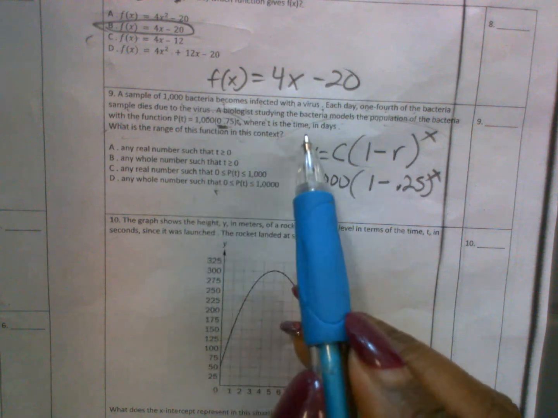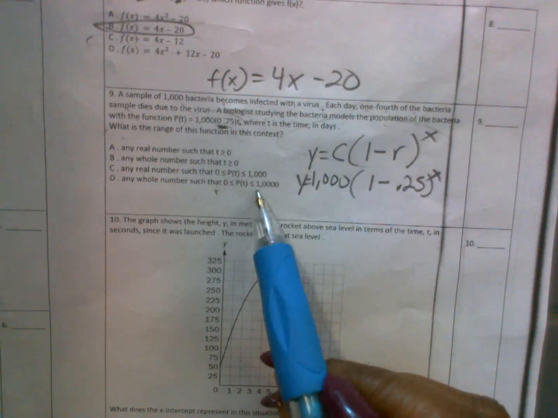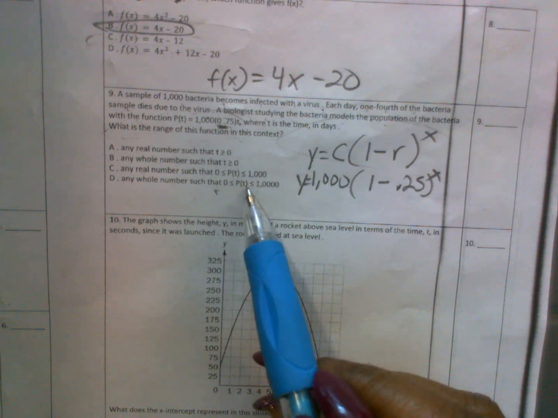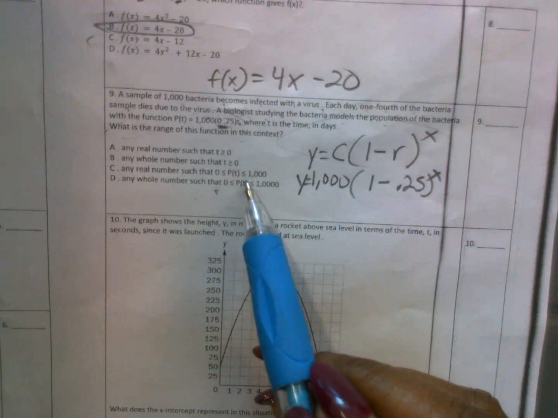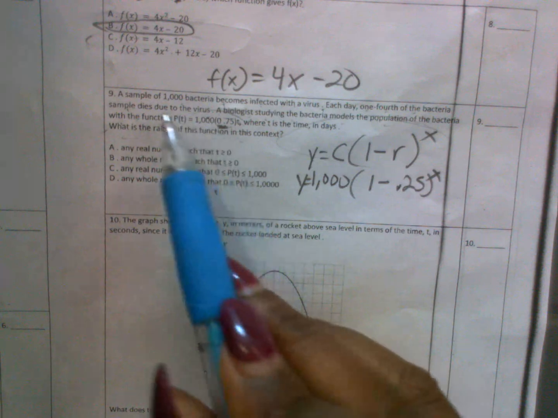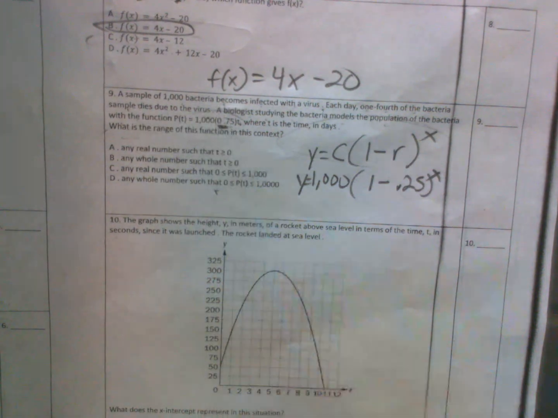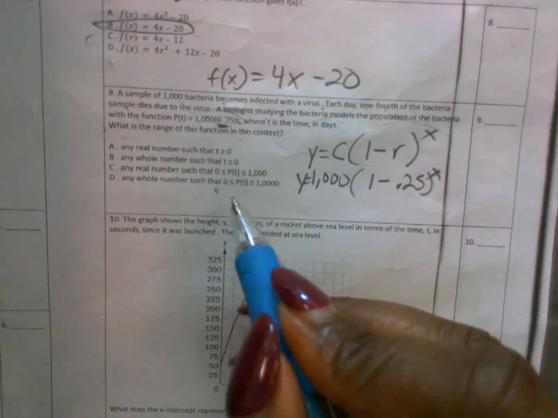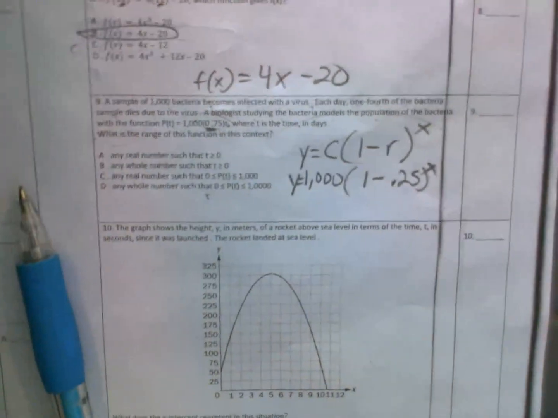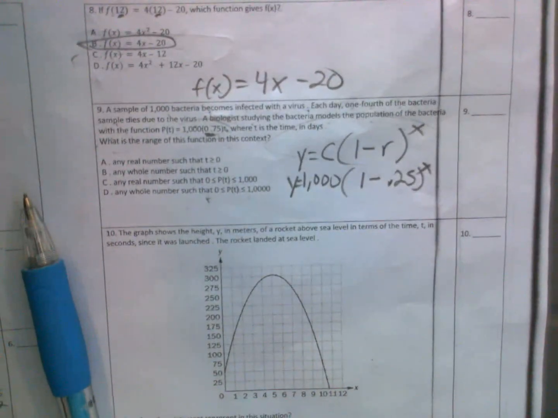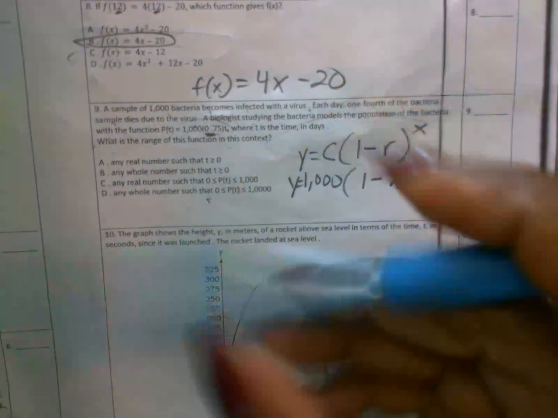The starting value is 1,000, and it goes down. So the highest it's going to be is 1,000, and then it's going down from there.